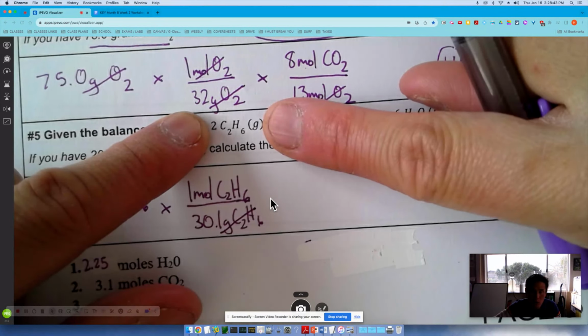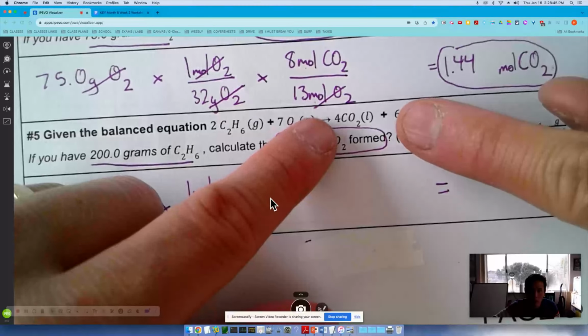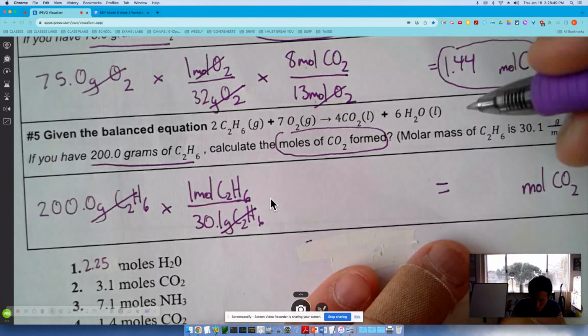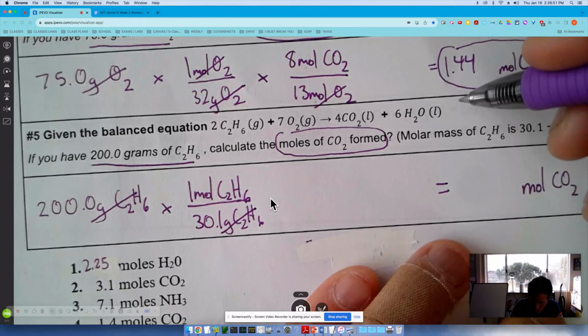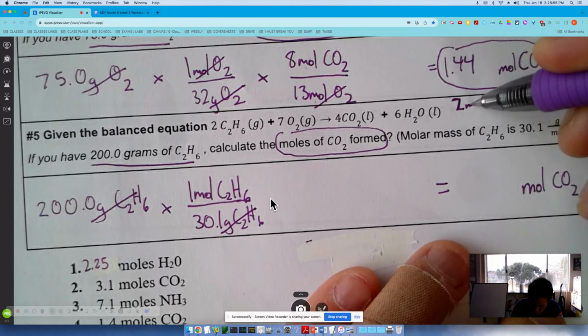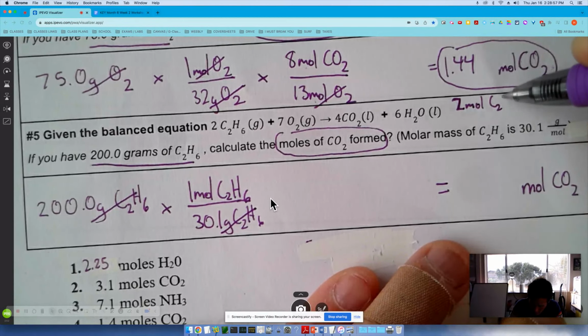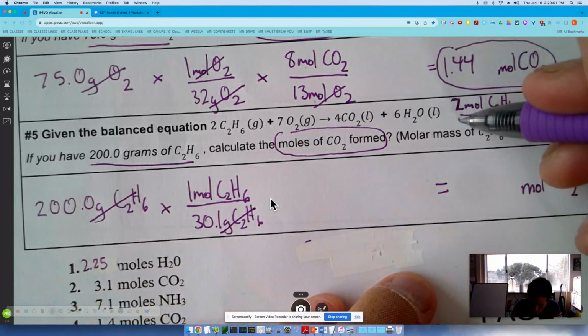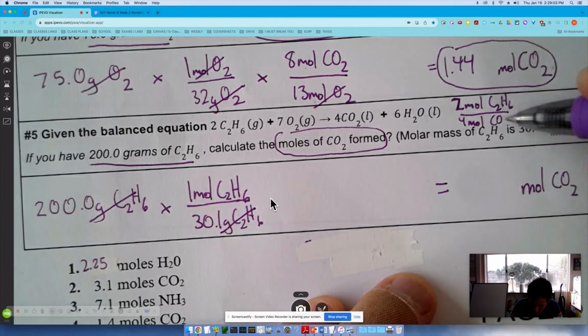For every 2 moles of C2H6, I can create 4 moles of CO2. Let's write that as a fraction or conversion factor ratio.